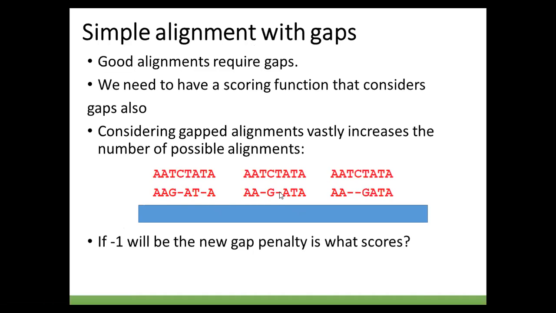So this is P, this is Q, and this is R. What are the scores of P, Q, and R considering a gap score as -1, match score as 1, and mismatch score as 0? Can you let me know now? What's the score for the first one?